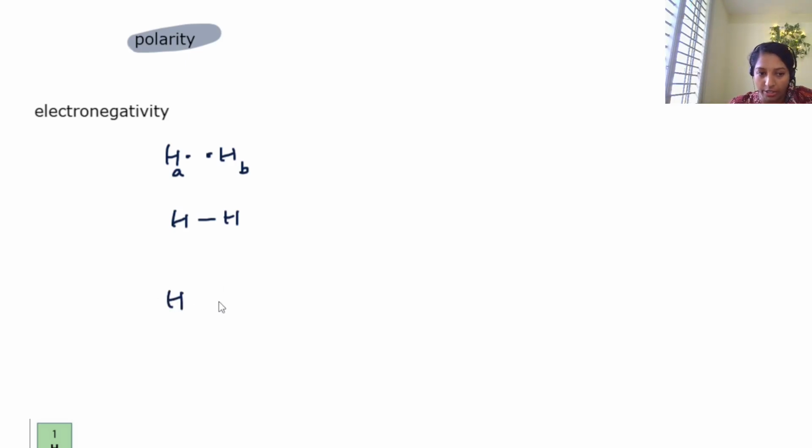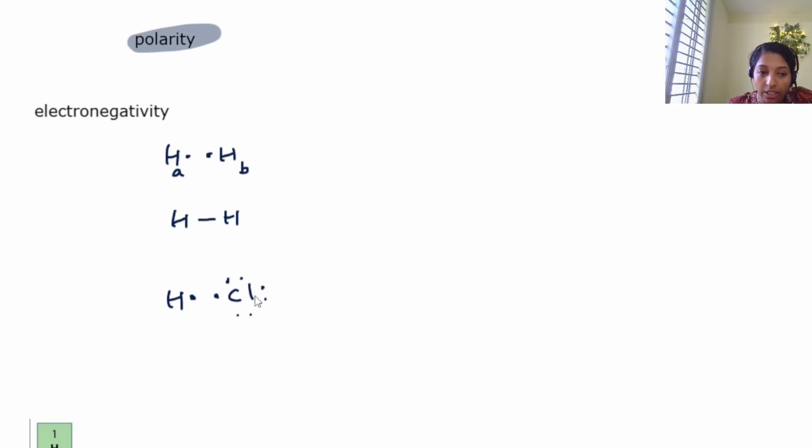Now let's see two different atoms: one is hydrogen and the other is chlorine. Think about the dragging capacity. Hydrogen has one electron, chlorine has seven electrons, so chlorine also needs one and hydrogen also needs one. They will drag each other, but the strength is not equal.